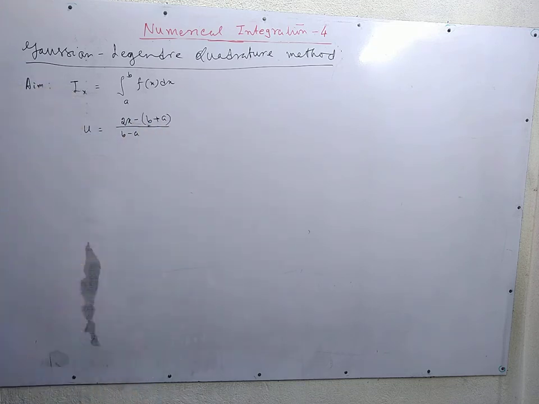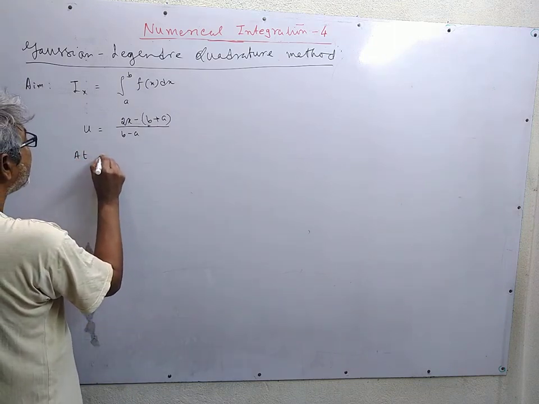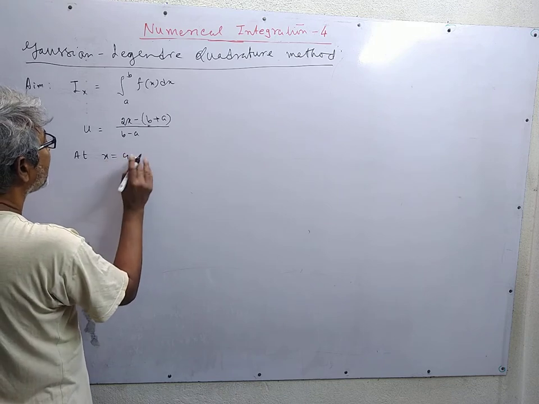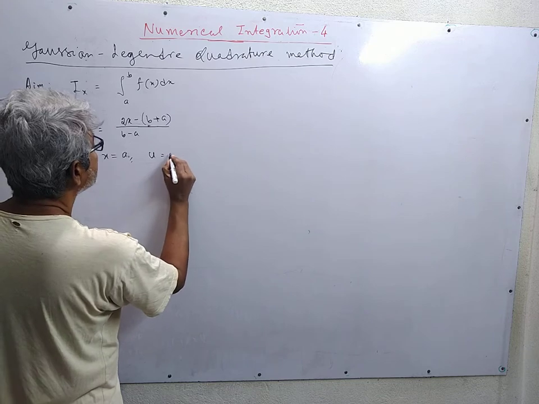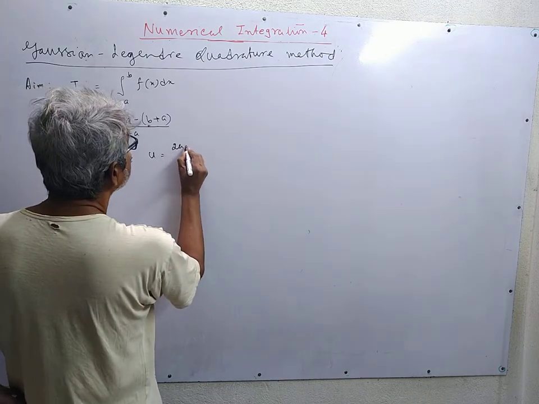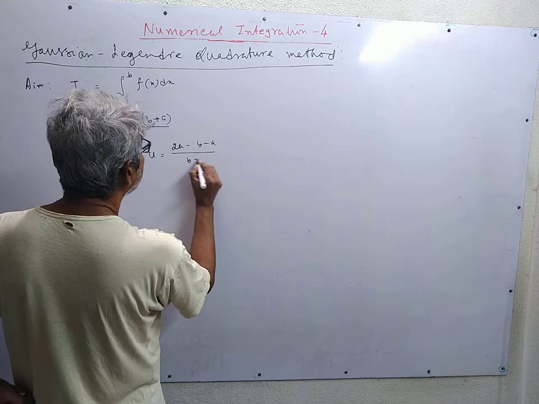We introduce it so that at x is equal to a, we have u is equal to 2a minus b minus a by b minus a.